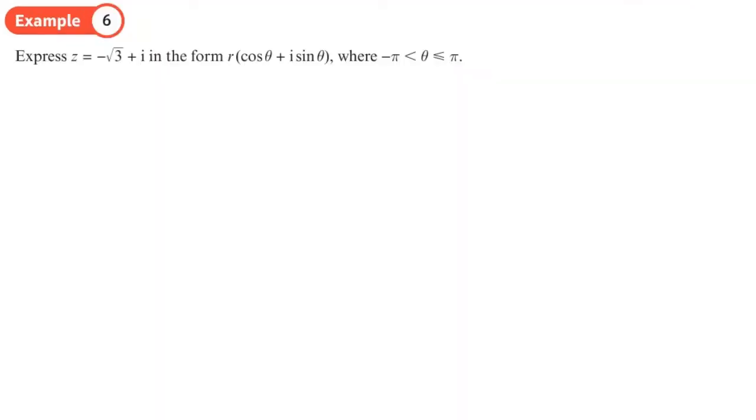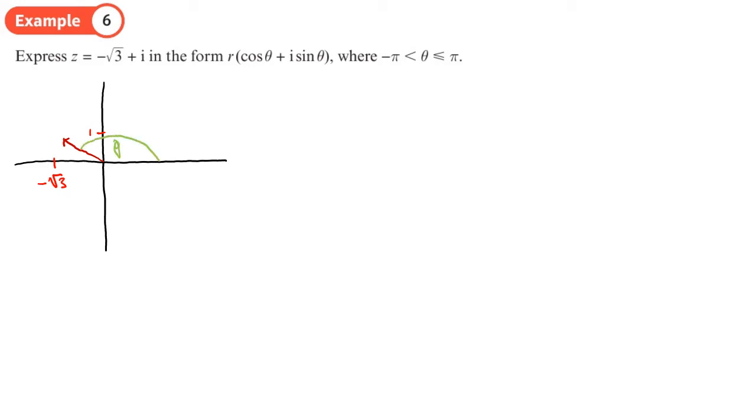Okay, so express z equals negative root 3 plus i in that form. We use the methods from before to find the modulus and argument, which means you must draw a diagram. I've got negative root 3 here, and it goes up by i, which is 1. I know that the argument is going to be this.